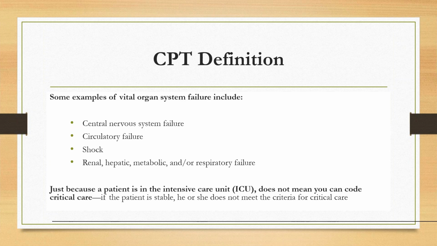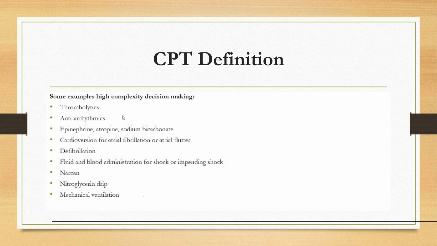Because again, just because somebody is in respiratory failure in the ICU doesn't necessarily mean that they would support the use of critical care codes. And since most insurance companies default to Medicare's guidelines, that's why on post-payment review, a lot of patients who fall within this category are denied if you bill too many critical care services.